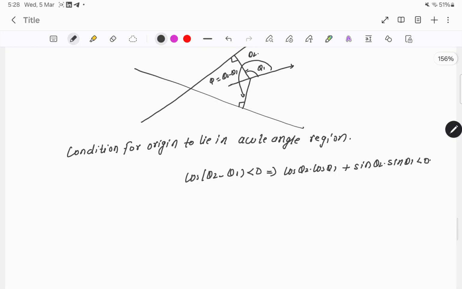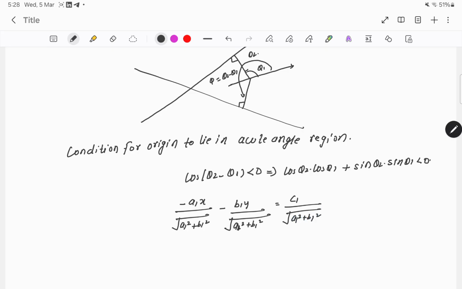Now see, the first time I am going to make the coefficient of c1 positive. So this is minus a1 x by square root of a1 square plus b1 square minus b1 y by square root of a1 square plus b1 square equal to c1 by square root of a1 square plus b1 square.